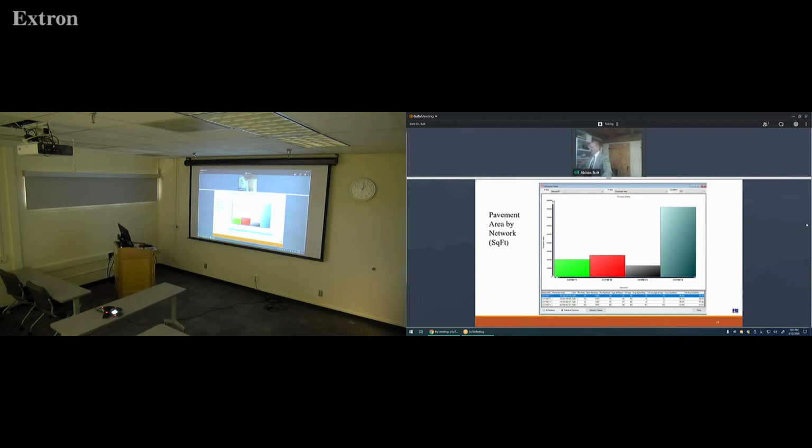And then network 1 and 2, which are major streets, that is the second highest, and then collector street is the third area. We didn't have network 5 in our database because they didn't want us to include that in our network because of budget, how much money is available for implementation of the pavement management system.